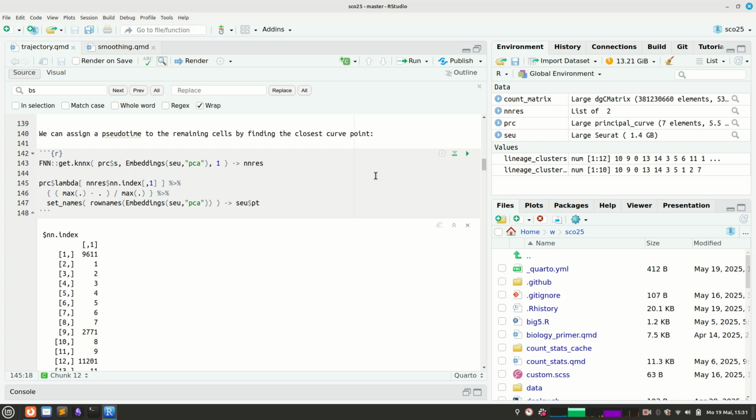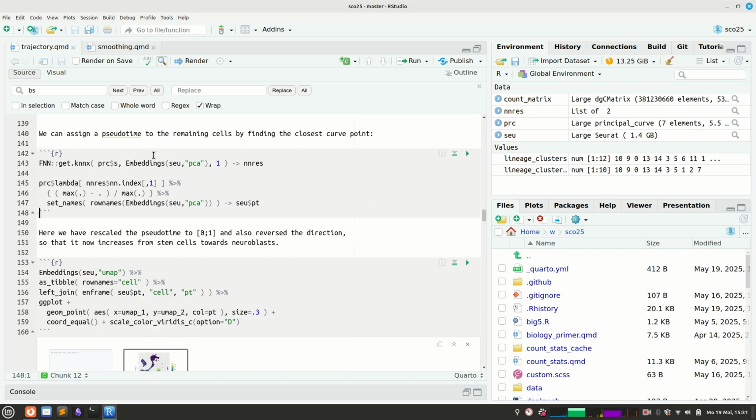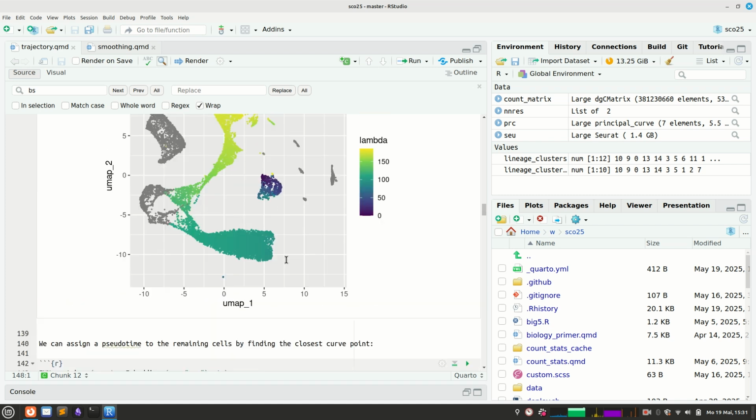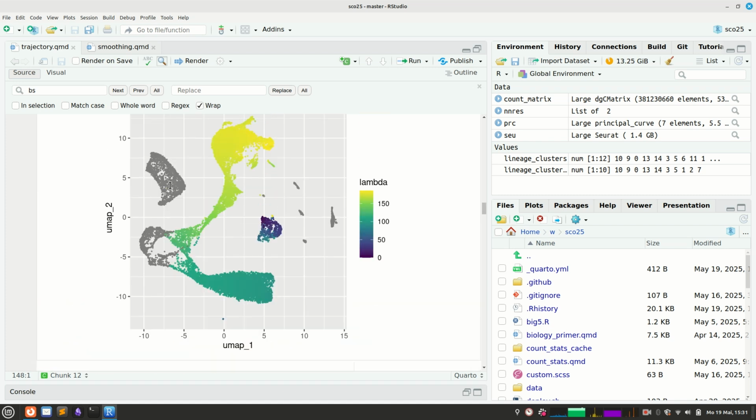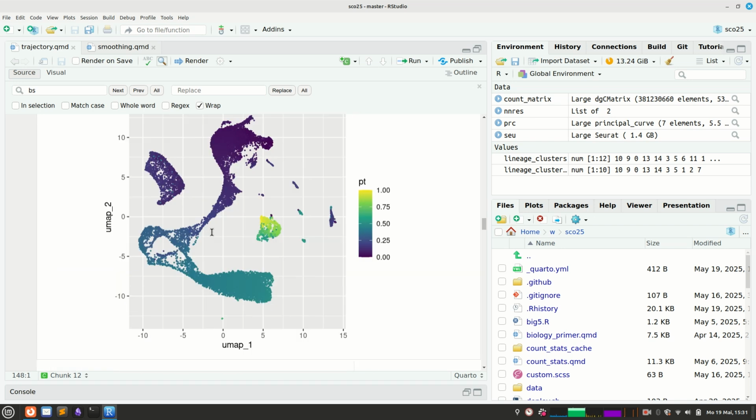And with this, I can now again assign a pseudotime to each cell, by giving all the gray cells, which haven't had a color here, the same pseudotime as the cell that is closest to this cell's projection point. Then all these here get similar values as that one, and these here get similar values as that one.